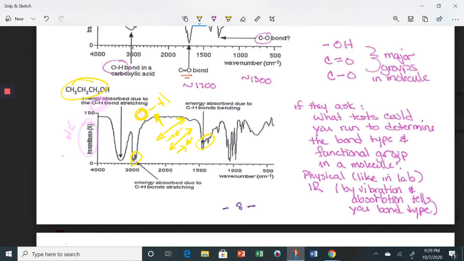And when you look at this molecule, you have a carbon to a carbon to a carbon, and then there's an H and an H here. And these will vibrate back and forth close to each other, as well as in and out. And that's what the IR measures.